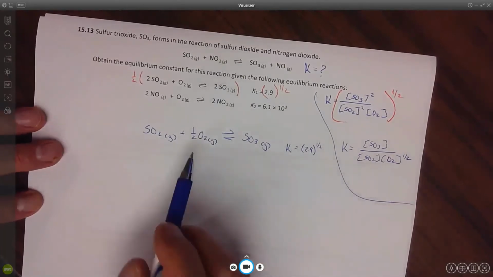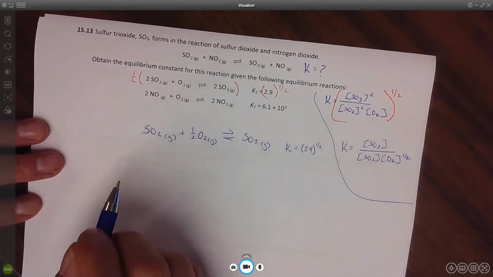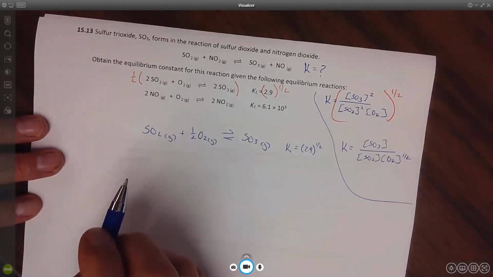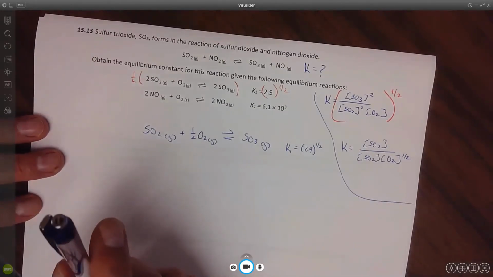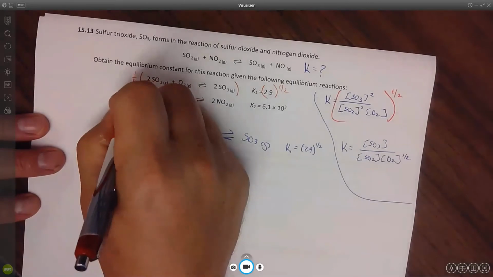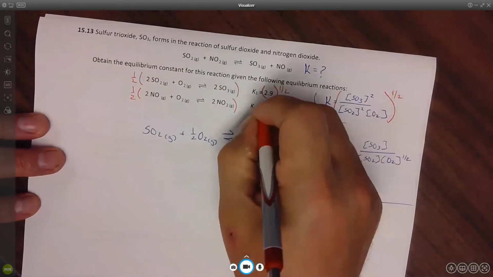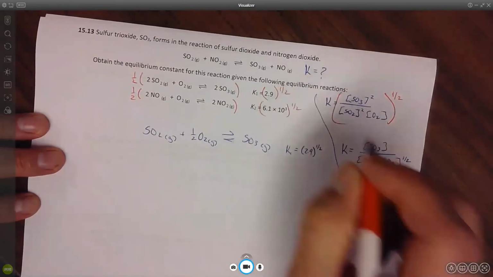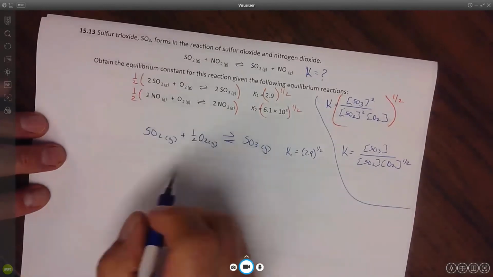Do we need to do anything to the coefficients? Yeah, we've got to get rid of them. And how do we do that? Just do the same thing you did. Just multiply by 1/2. Yes, we're just going to multiply by 1/2 again. So we're going to raise this to the 1/2, but we've got to flip it as well. So that's what I'm going to do now.